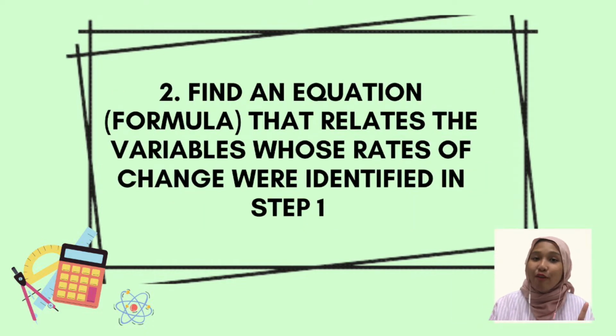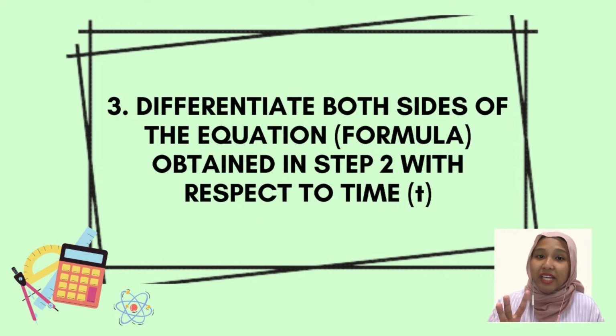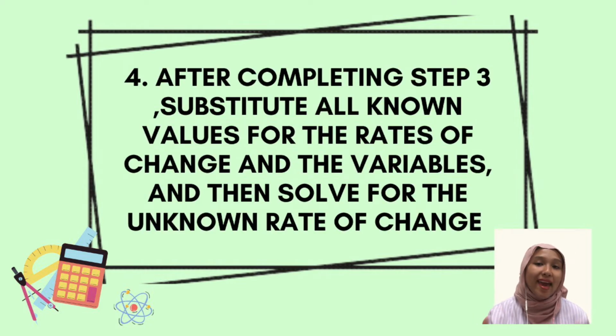Step 2, find an equation that relates the variables whose rates of change were identified in step 1. Step 3, differentiate both sides of the equation with respect to time. Next, after completing step 3, substitute all known values for the rates of change and the variables, and then solve for the unknown rate of change. And you will get your answer.